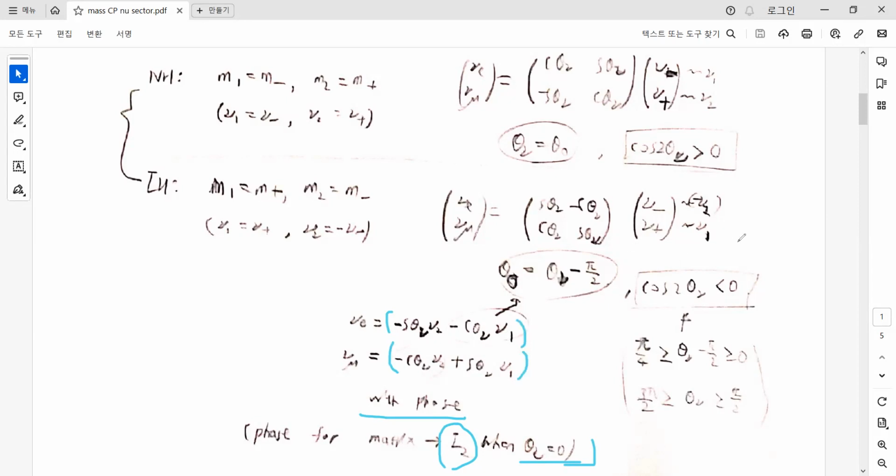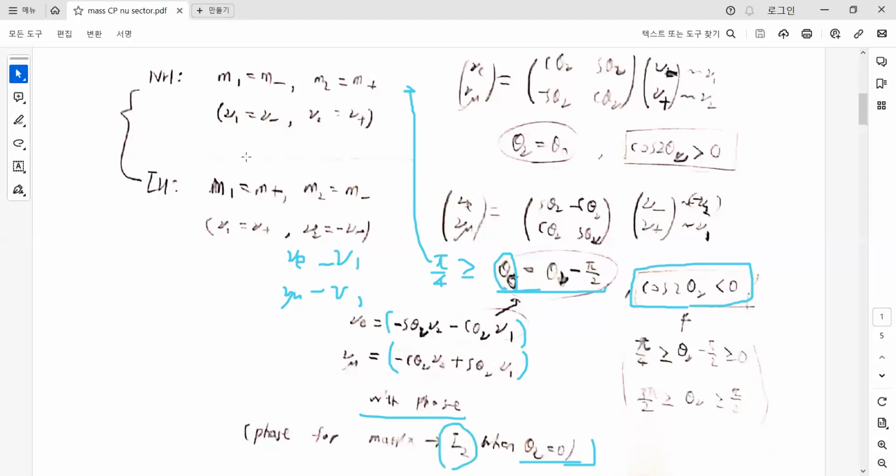And in this case, we know that theta zero is less than π/4 for such a dominance condition: ν_e is almost ν1-like, and ν_μ is almost ν2-like. By this relation between theta zero and theta ν, we can know that cosine 2 theta ν is negative.